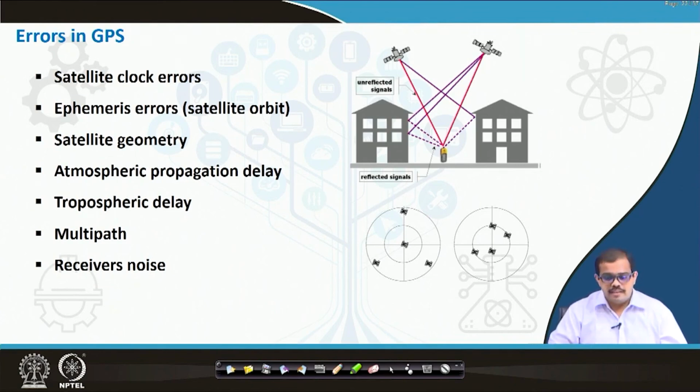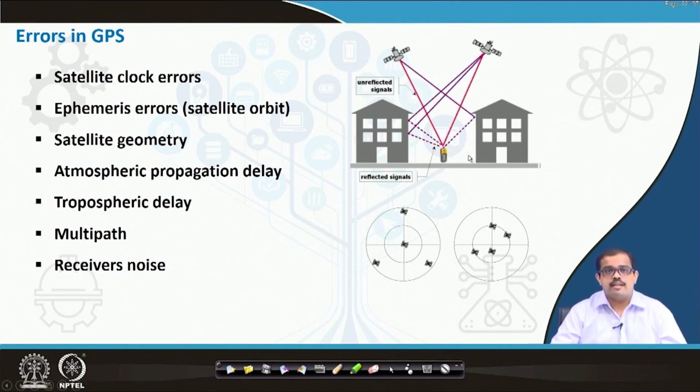Then the other one is the multipath, which you can see here. You have multipath signals that may arise because of entities on the Earth's surface. If there are 4 satellite signals available to you, out of which 2 are received directly by your receiver, the other 2 signals take a multipath and have certain errors induced through these reflections before they come into the receiver.